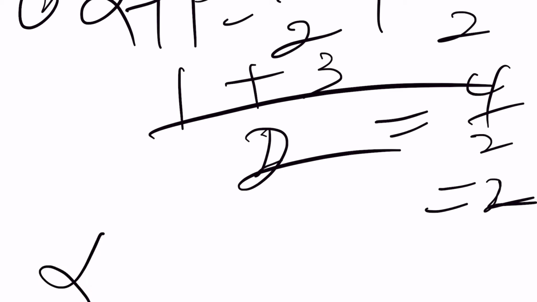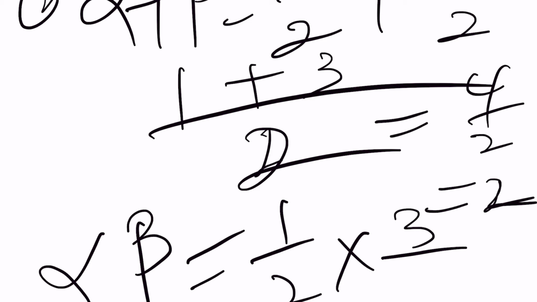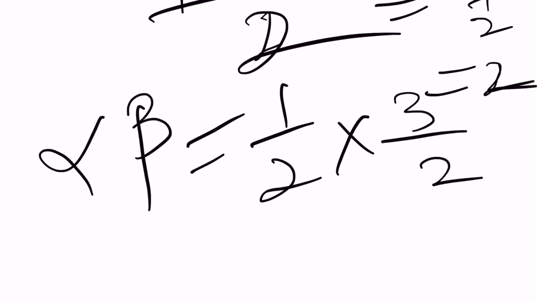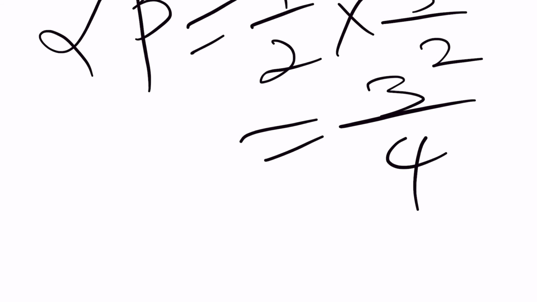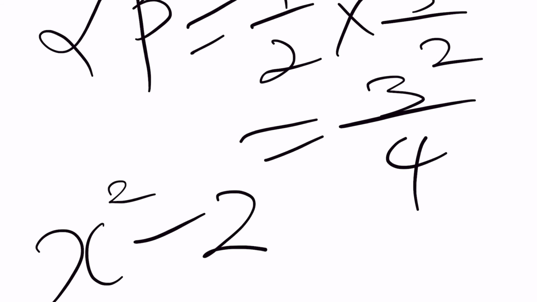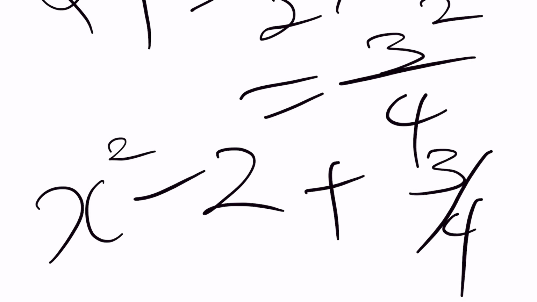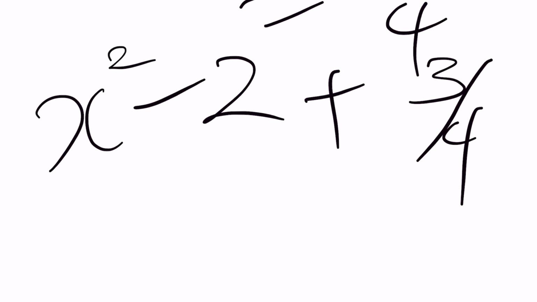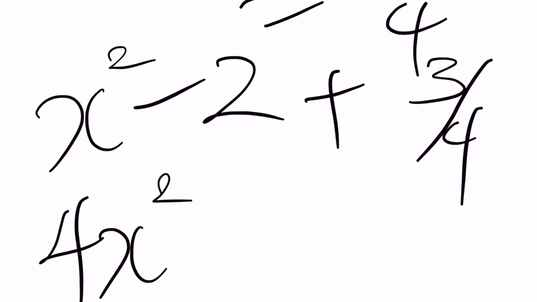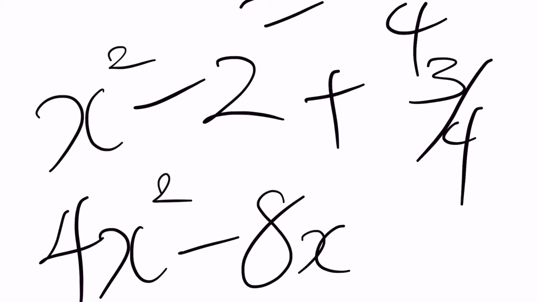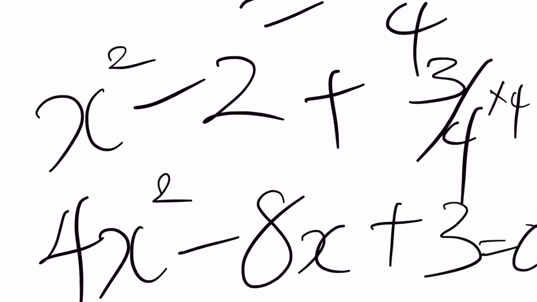Our alpha times beta will be 1 over 2 times 3 over 2, which is 3 over 4. So here we have x squared minus 2x plus 3 over 4. In this case, we can easily write it as 4x squared minus 8x plus 3 equals 0 when we multiply through by 4.